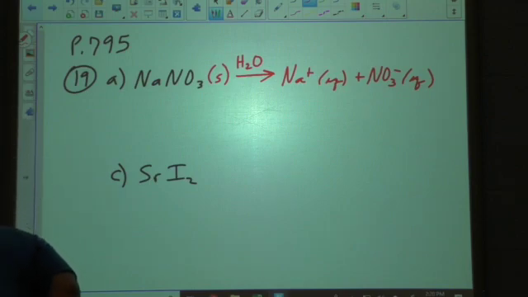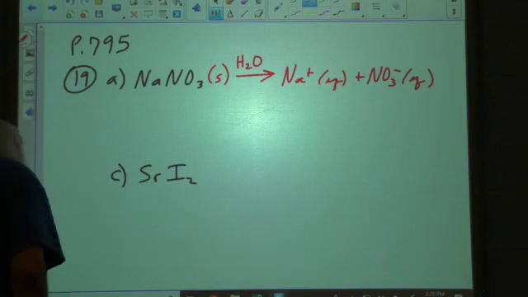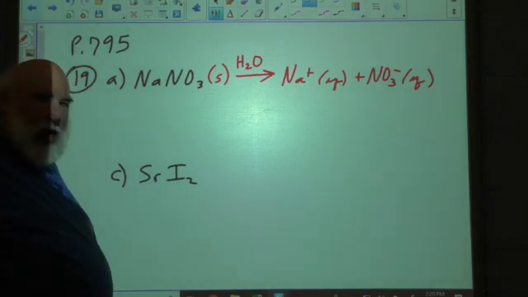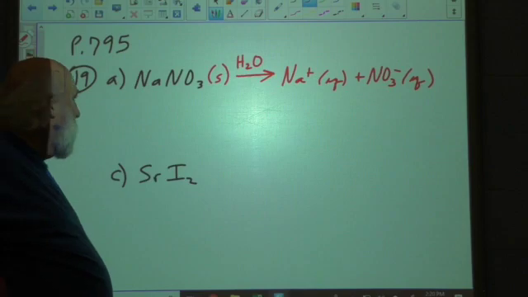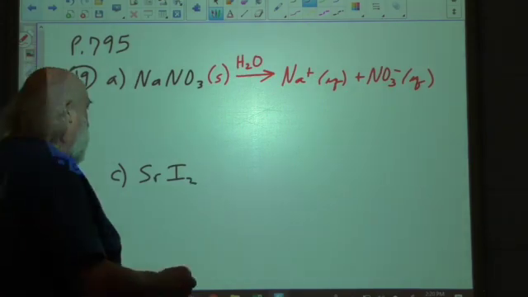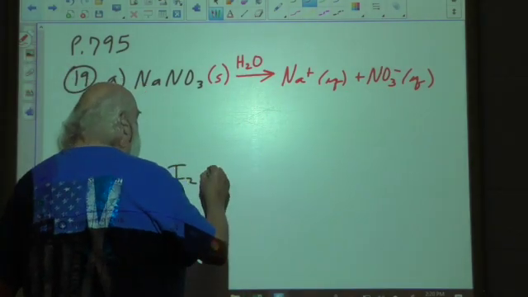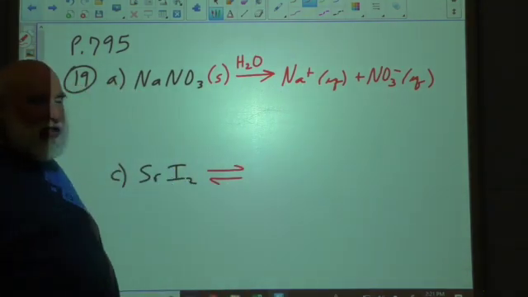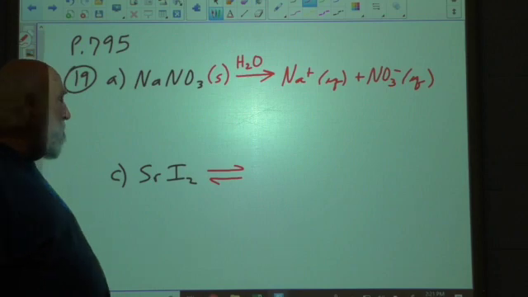If you look for strontium iodide, it's not on there. It might be in the back, I'm not sure. But regardless, it doesn't have the qualifications for this being single arrow. So I'm going to say that this is an insoluble salt and use a double arrow to show that it is just the tiniest bit soluble.